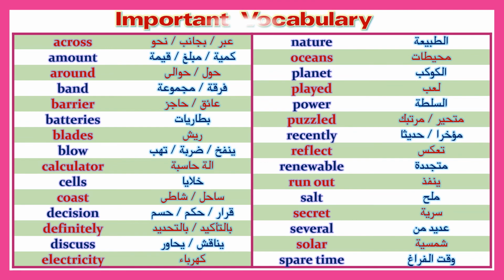Across. Amount. Around. Band. Barrier. Batteries. Blades. Blow. Calculator. Cells. Coast. Decision. Definitely. Discuss. Electricity.